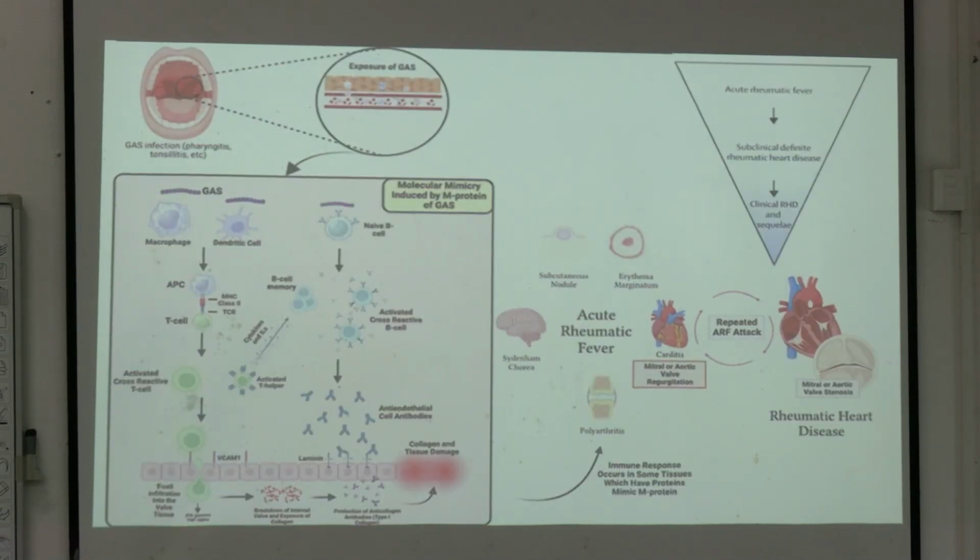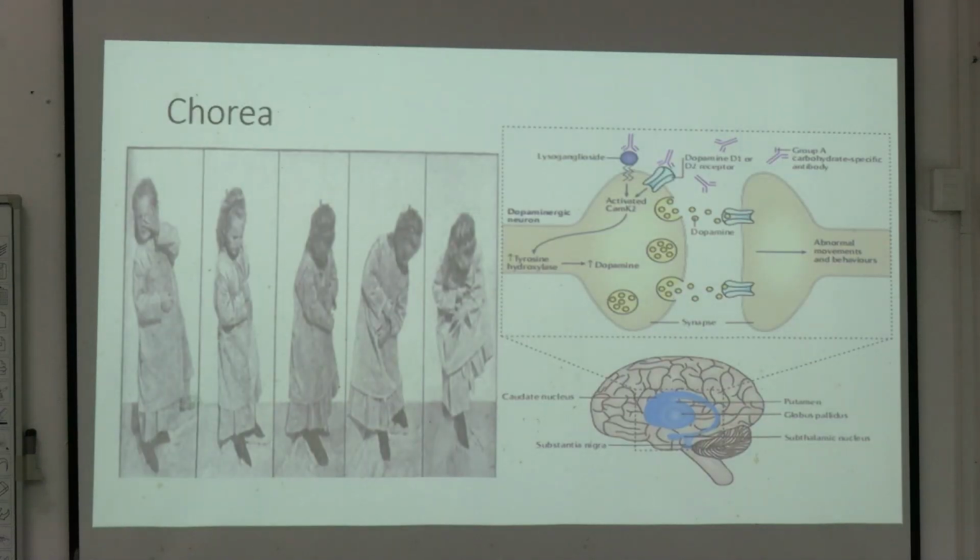So what are the areas that are affected? The first part affected is obviously the heart. It can affect the valves, aortic or the mitral valves. It can affect the joints, brain itself, and skin tissues. For example, if it attacks the neural junctions, it will lead to inability of the brain to function properly, especially the motor function.